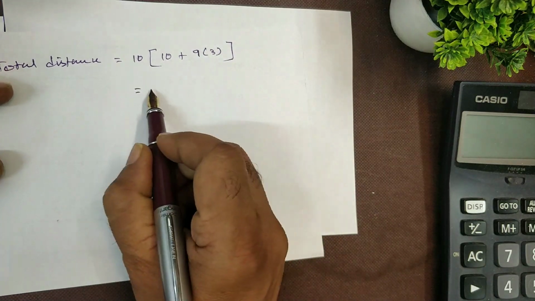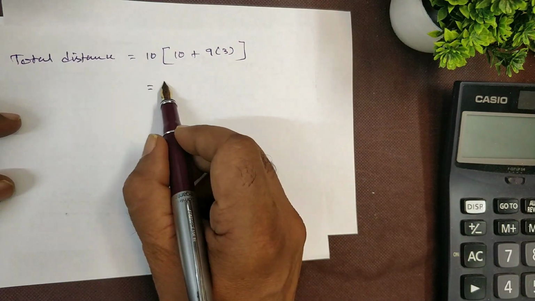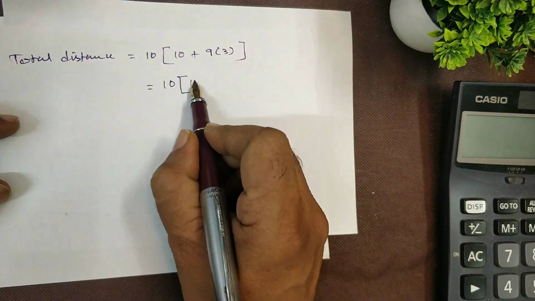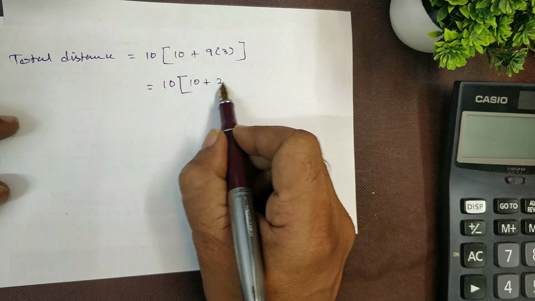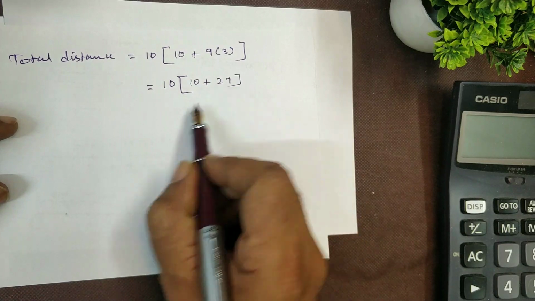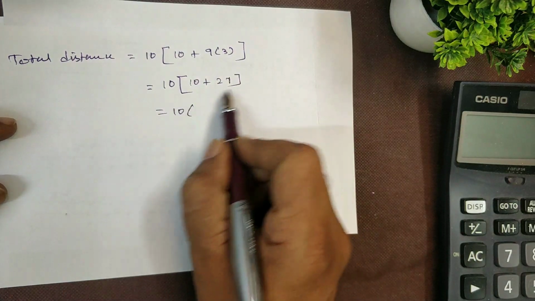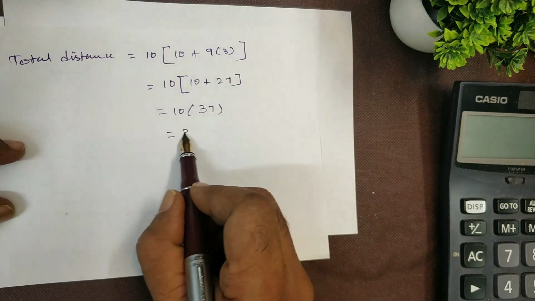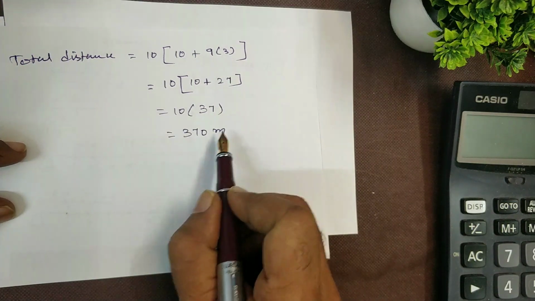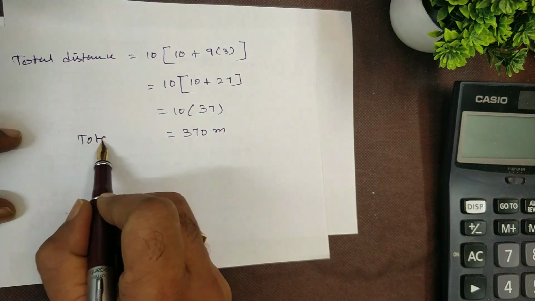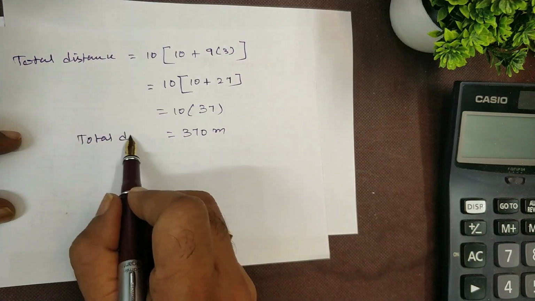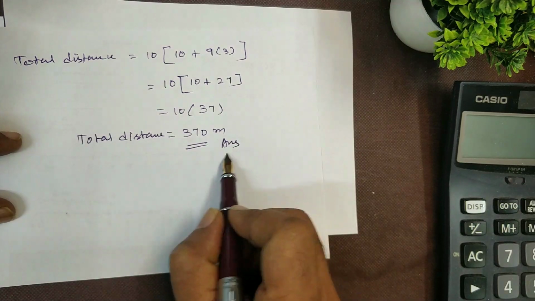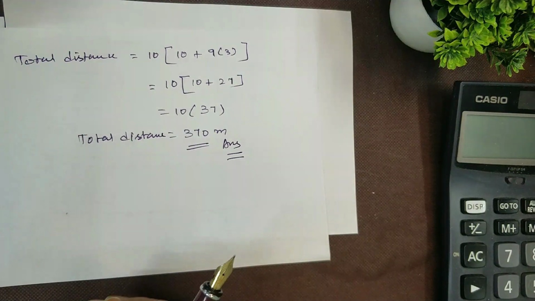So that is 10 into 10 plus 27, so 10 into 37, it means 370 meters. So this is the total distance run by the competitor. Are you able to understand? Okay.